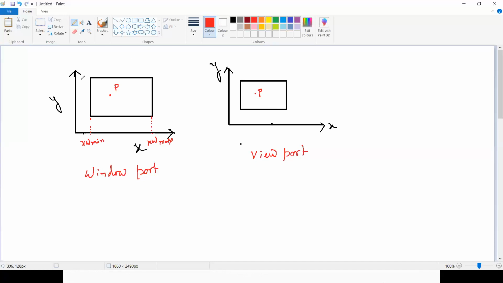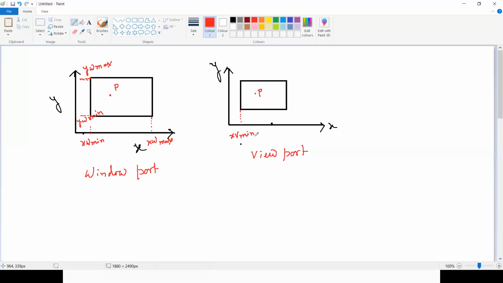Now here also we can say this is our YW max and this is our YW min. Okay. So min and max represent the minimum and maximum Y value for the window port. Now in the viewport also, this is represented by XV min.